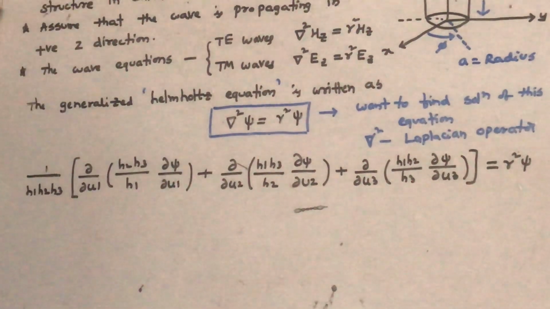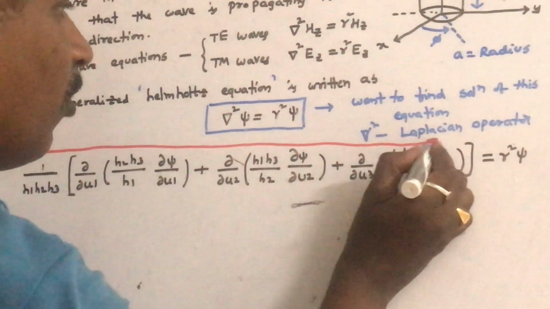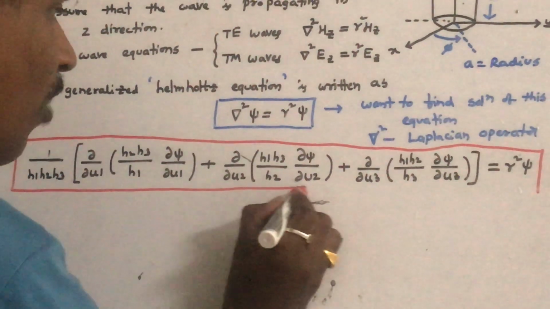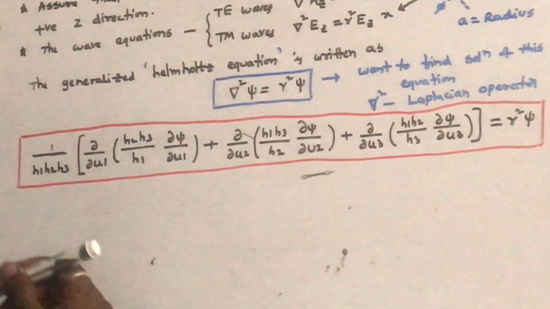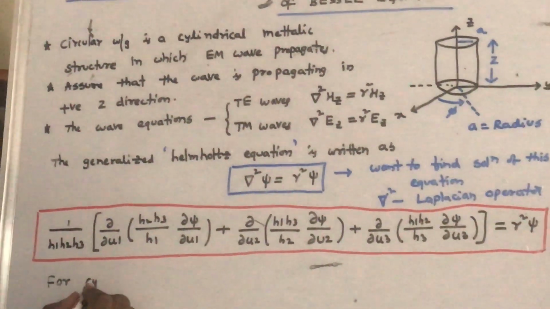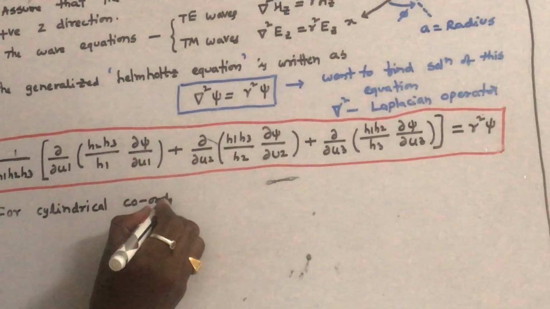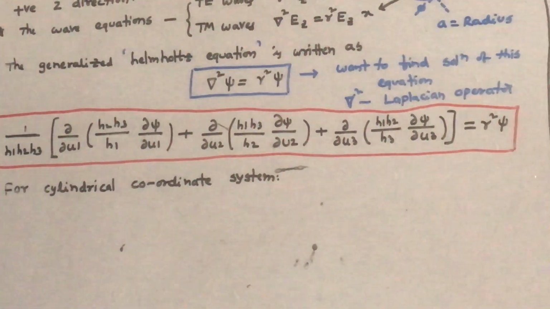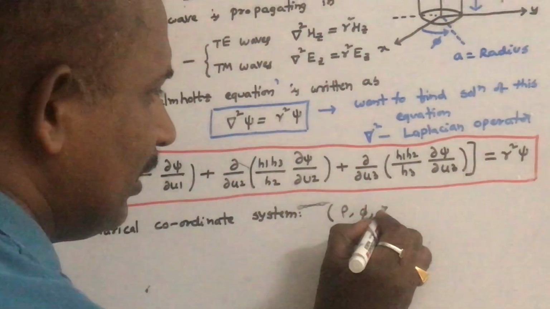So this is the generalized expression. We can use this equation for Cartesian coordinate system, cylindrical coordinate system and spherical coordinate system. So this is the generalized formula which we can use for all coordinate systems. Very simple formula. Now for cylindrical coordinate system, the elements are rho, phi, z.